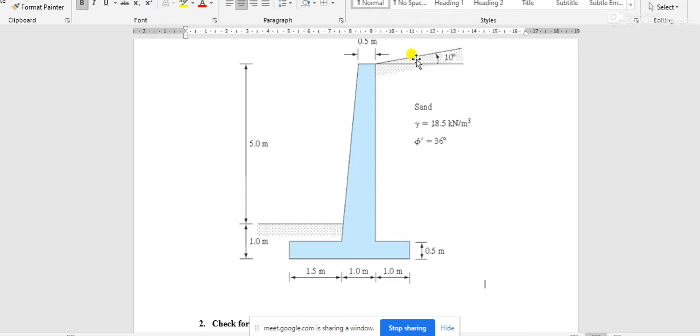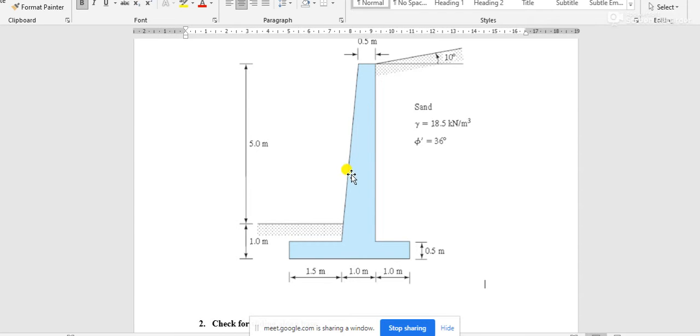Now for the soil, this part of soil is also one trapezoidal section. That's why we can divide it into two parts. One is a rectangle part and the top triangle part. Okay. Now, how can you calculate the weights of all these? For calculating the weights, first of all you have to calculate the volume of each part.